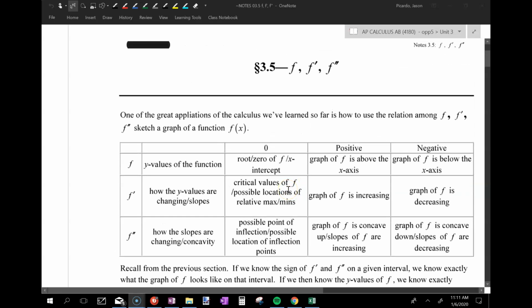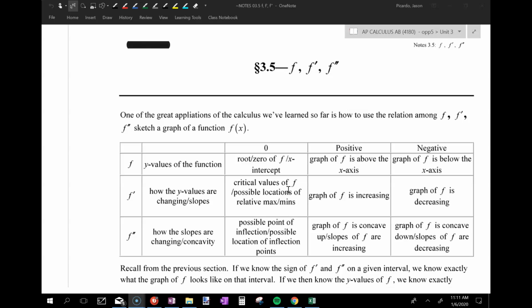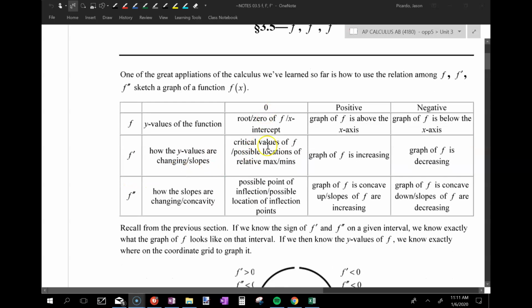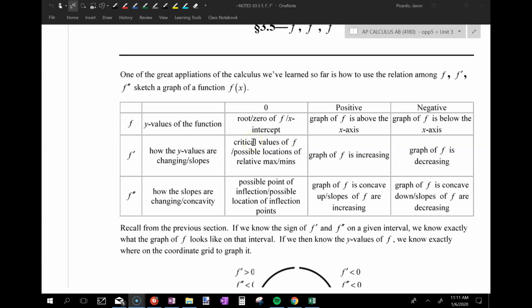So a super quick review of everything, really of the last like 3 lessons is kind of here, isn't it? If I have a function where the first derivative is equal to 0, that gives me critical values, right? Those are possible values of local maxes and mins, okay?